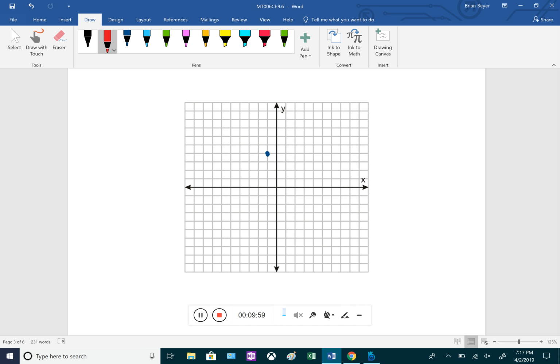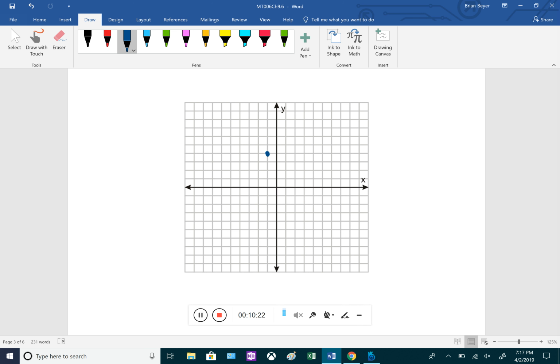To the right is the positive x values. To the left is the negative x values. Up is the positive y values, and down are negative y values. And the point here in the middle would be 0, 0.